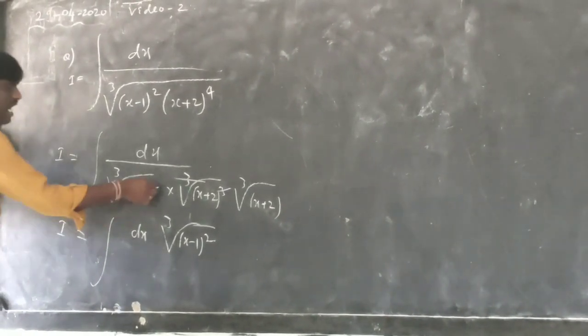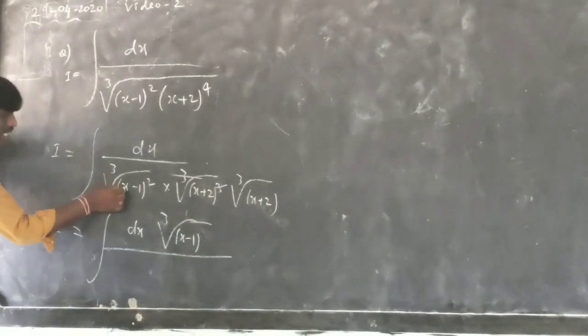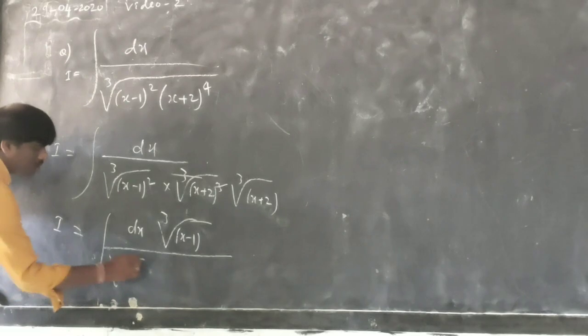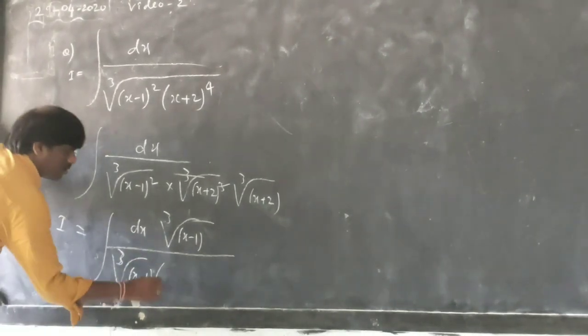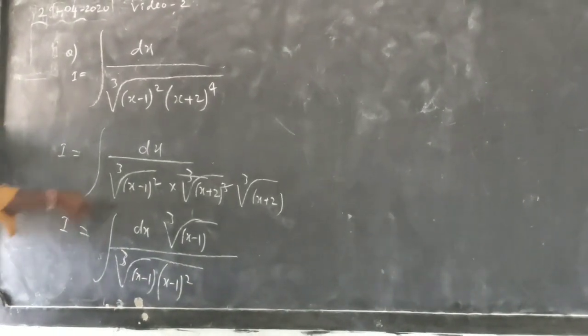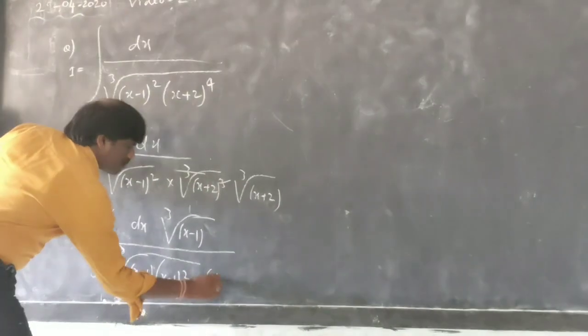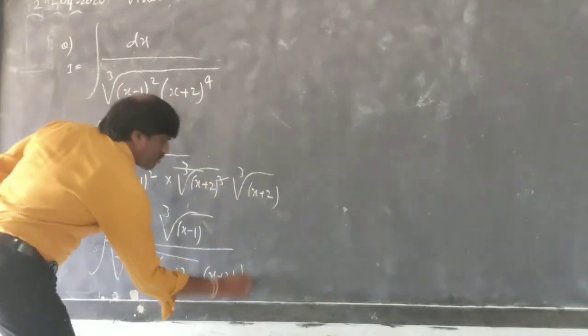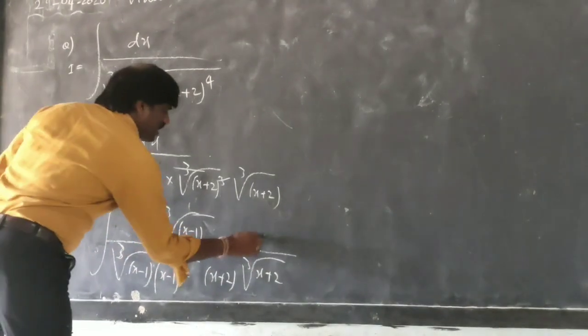And then what I get is cube root of x minus 1, cube root of x minus 1 into (x minus 1) whole square. I did this with the cube root, so I multiplied on the numerator and denominator, and what is left is (x plus 2) in bracket, cube root of x plus 2, and you have dx.